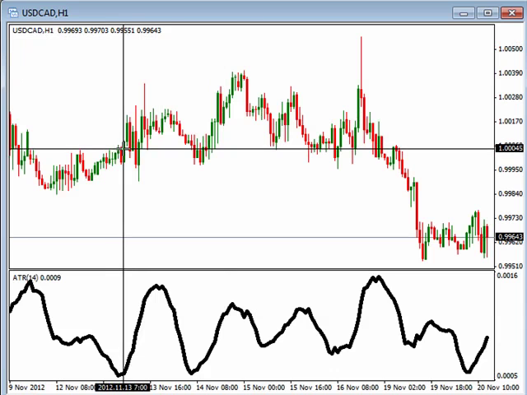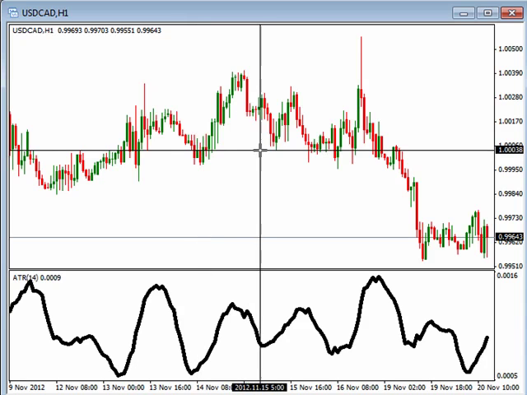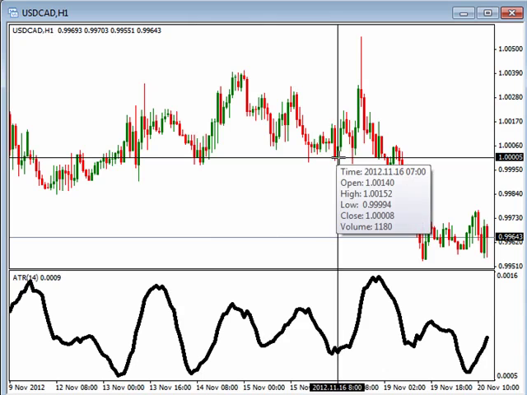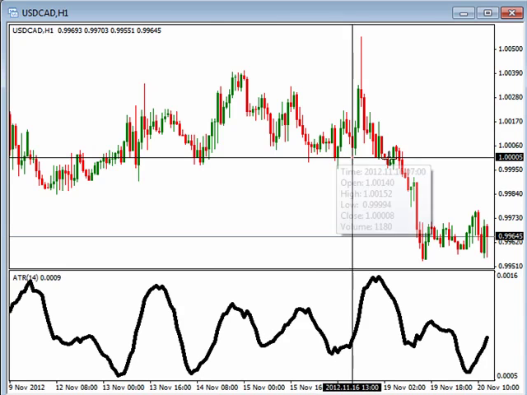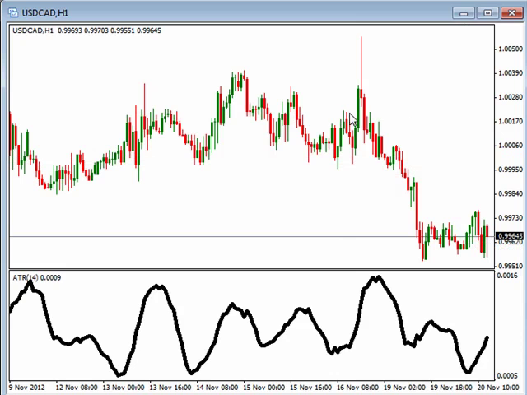So here's 8 o'clock, it starts to move up. Here's 8 o'clock, it starts to move up. 8 o'clock starts to move up. So right as these things start to move up, around the 8 o'clock hour, it looks like, on a lot of these, is where we start to see that bigger movements occur.